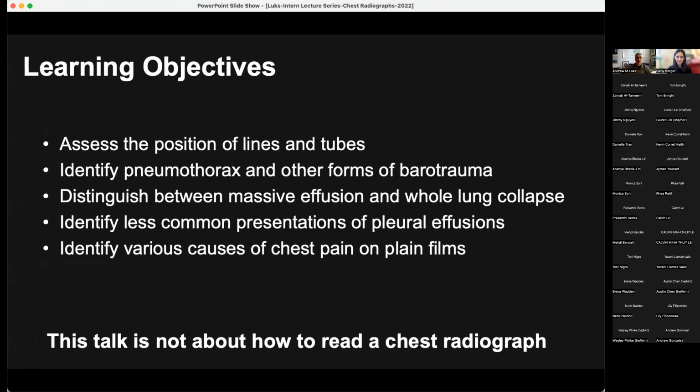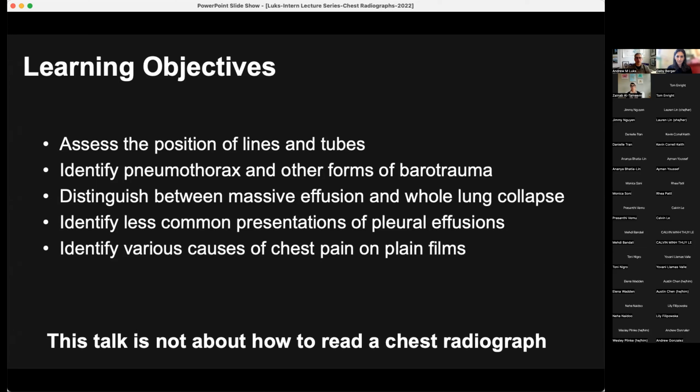In terms of the objectives for the session, this is actually not a talk about how to read a chest radiograph. That's something you covered a lot in medical school, and it's difficult to cover in a short period of time. Instead, the focus is to go through a whole series of things you need to be able to recognize or distinguish on a chest radiograph. One of the top types of things that are going to bail you out in the middle of a call night or with a difficult patient care situation.